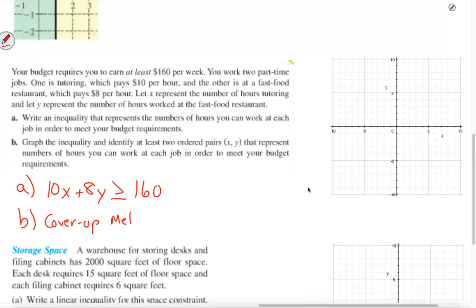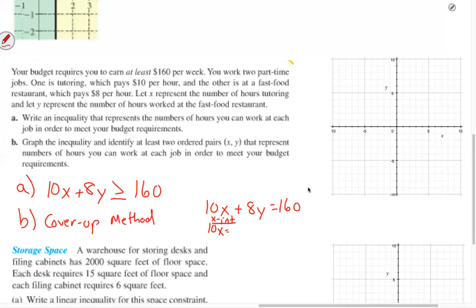All right, Mr. Beatty's cover-up method. So what I would do is I would say 10X plus 8Y, I would think equals 160. And I would cover up the Y, and I would get 10X equals 160. And this is for my X-intercept.